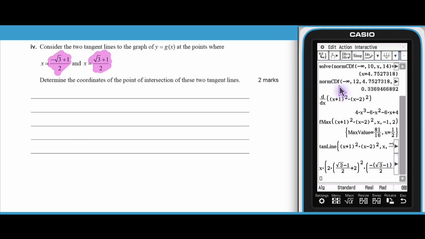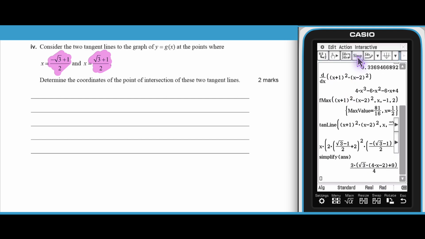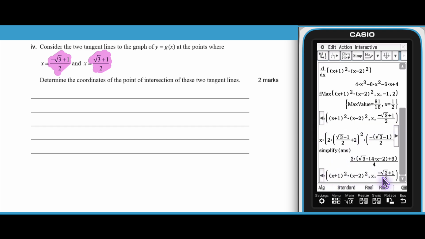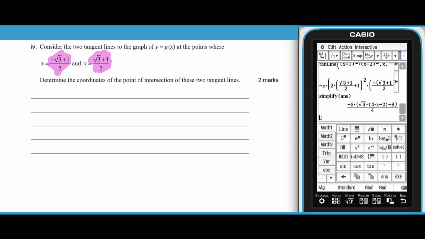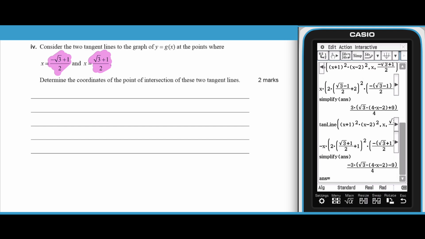This output looks a bit messy, but tapping simp will simplify it. I'm now going to swipe that tan line command, pop it into a new line, then delete the negative sign from the front of the root 3 to find the second tangent. I'll now find the x value where these 2 tangents meet by equating this answer to the previous one and solving.